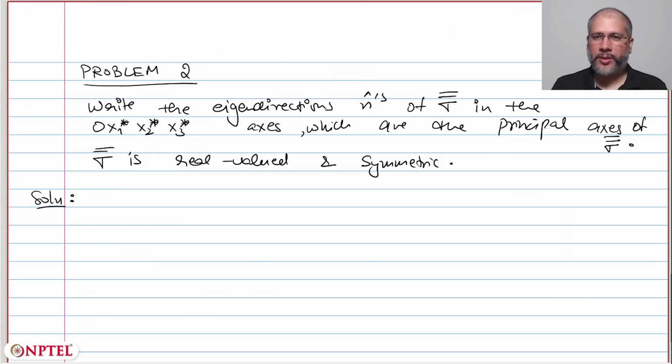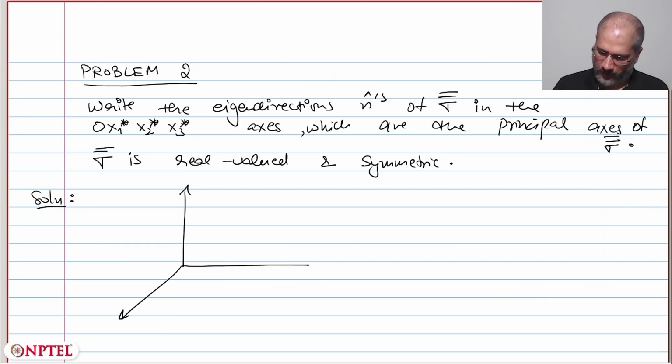Now for this, one must draw the axes, which are the base coordinate axes and the principal axes. So let's draw that first. So this is the base coordinate axis, OX1, X2, X3. And then the starred or the principal axes are given as this.